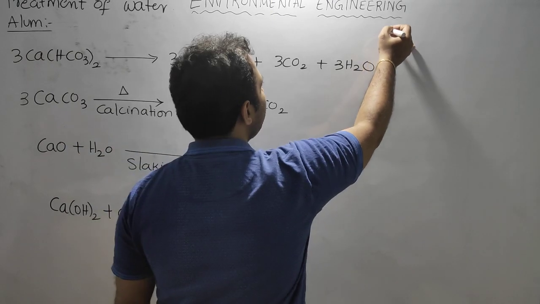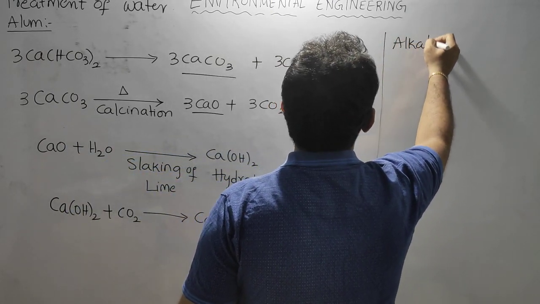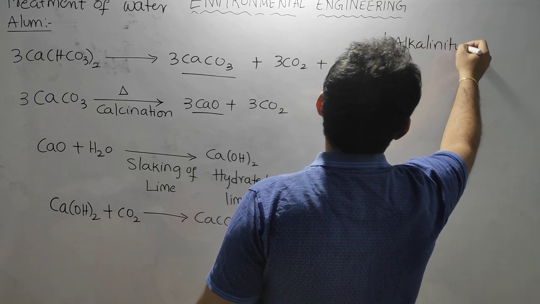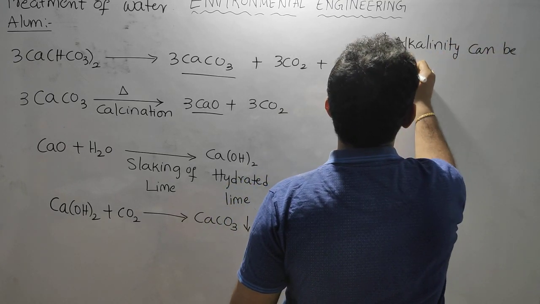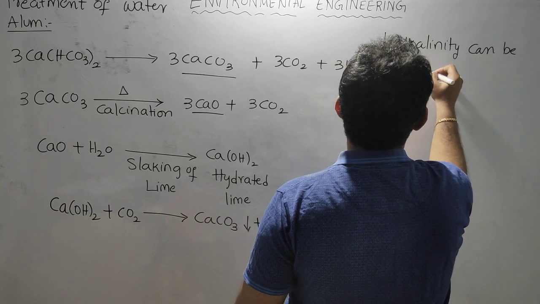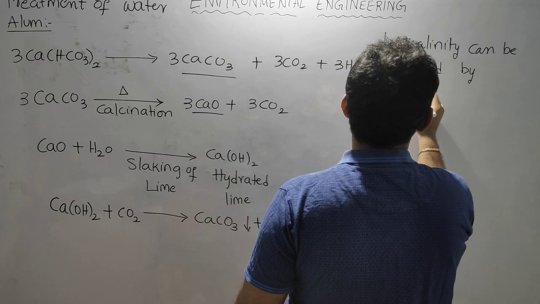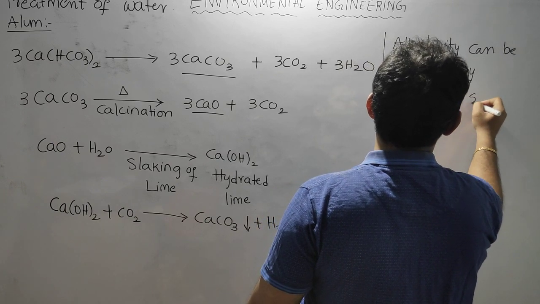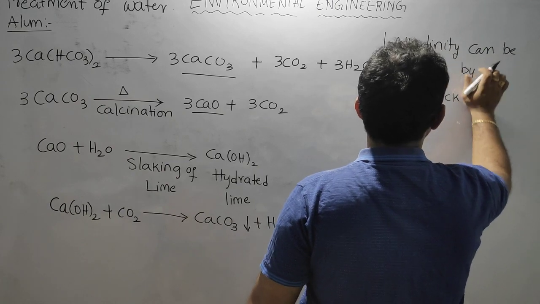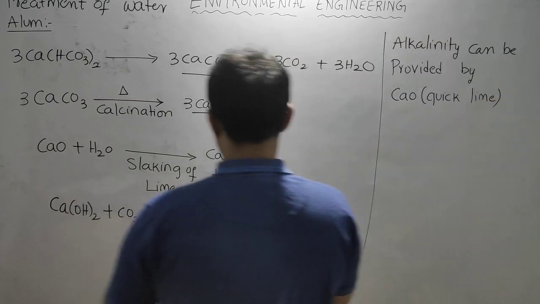So alkalinity can be provided by CaO, that is quicklime. So this is called quicklime.